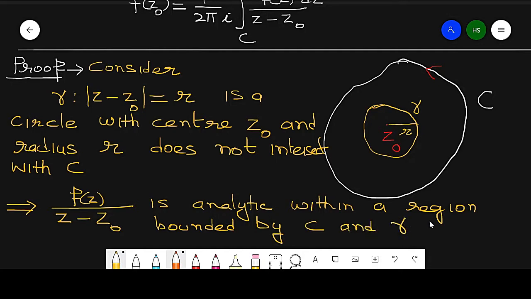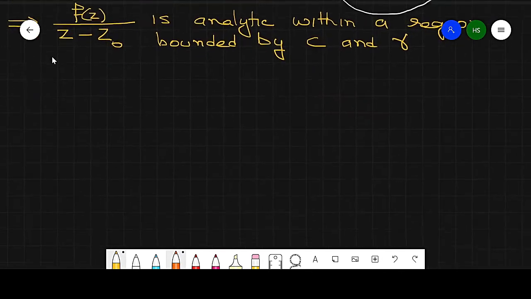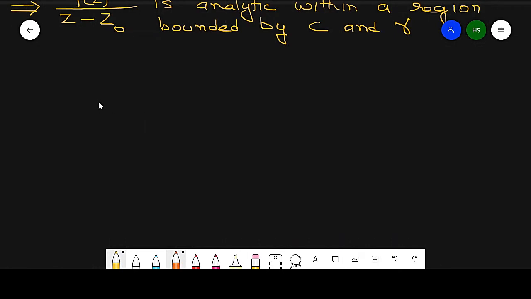This function is not analytic only at z0. So when we take the region outside z0, for example this region, the function is analytic. So this function is analytic in this domain. If it is analytic, then we can apply the Cauchy theorem, which we already proved.